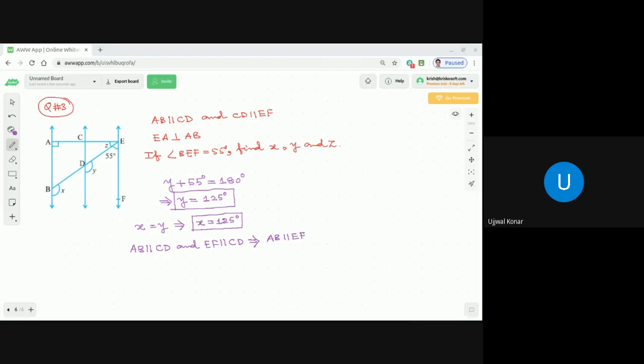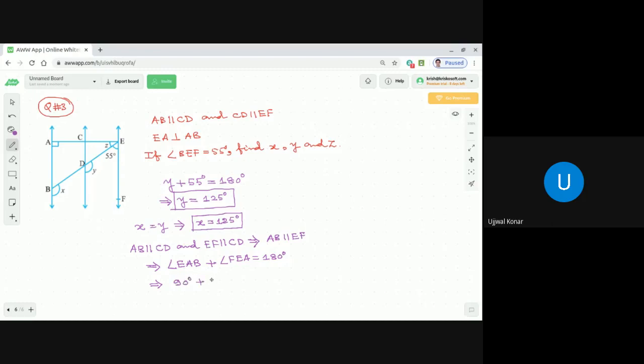Because interior angles on the same side of the transversal EA. So angle EAB plus angle FEA is equal to 180 degrees. Now, angle EAB, we know it is 90 degrees because EA is perpendicular to AB. So obviously angle EAB is 90 degrees.